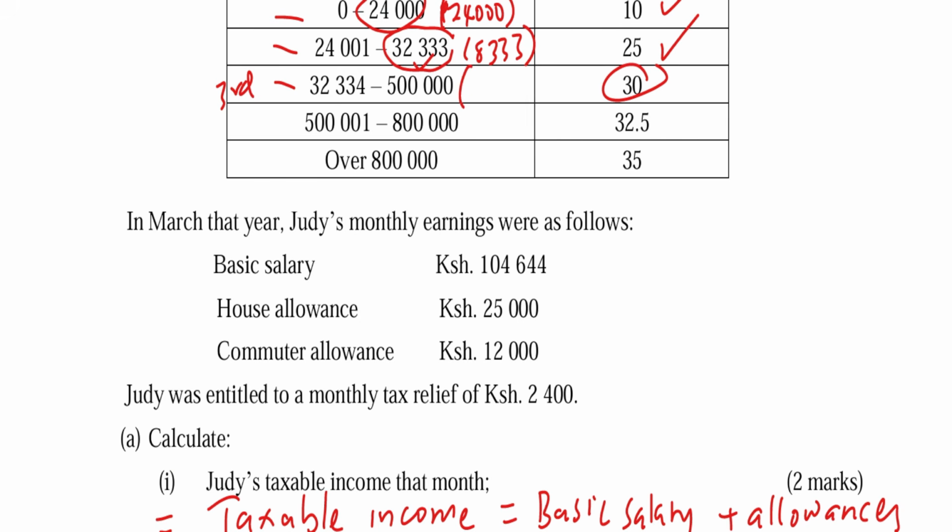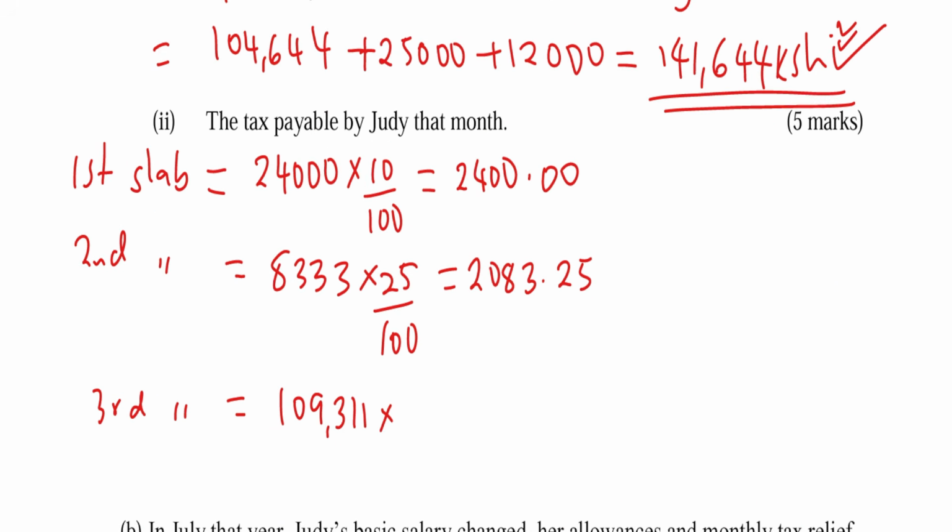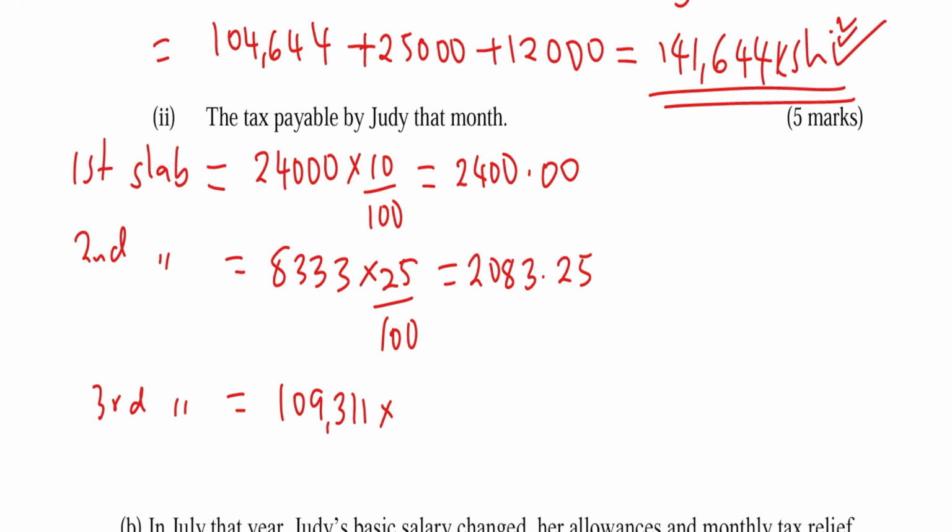So remember, in the third slab, we have an amount that is equivalent to 109,311, which is a huge amount, but it makes sense due to the larger taxable income. So 109,311 multiplied by the tax rate of 30%. And remember, whenever you multiply by the percentage, the answer you get is not pounds. This is just in shillings yet.